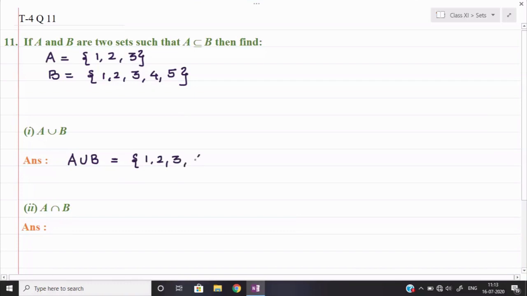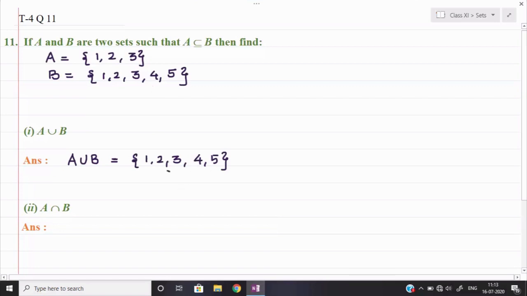So 1, 2, 3 are already mentioned, so I will write down 4, 5, the remaining elements of B. Okay, means in finding the union, first we write down all the elements of the first set, and then from the second set we take only those elements which have not been mentioned up till now.